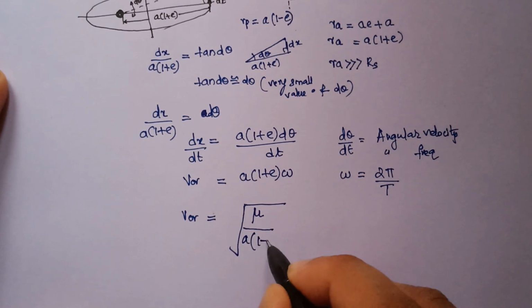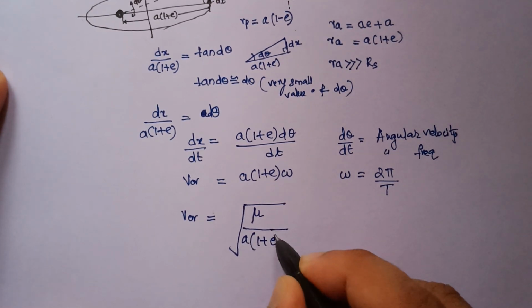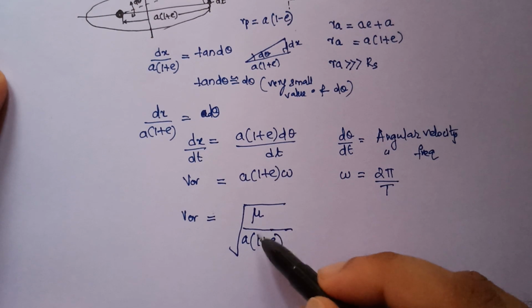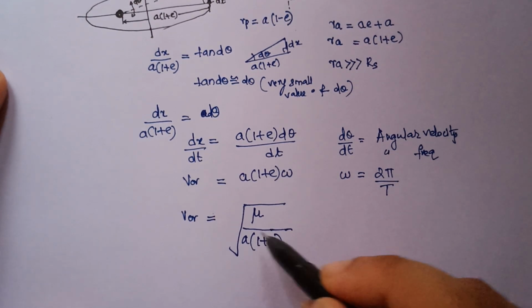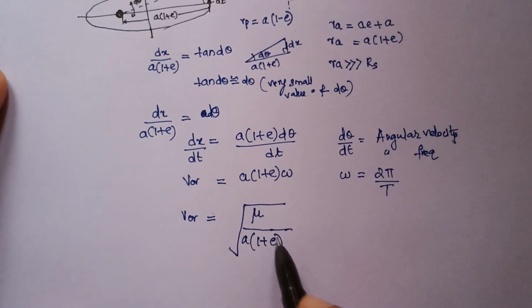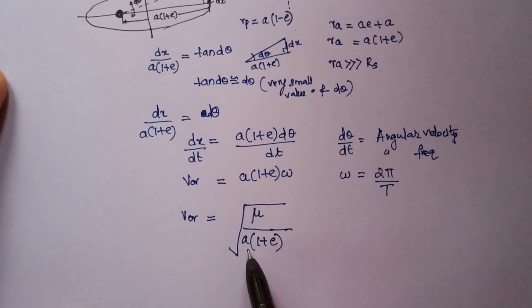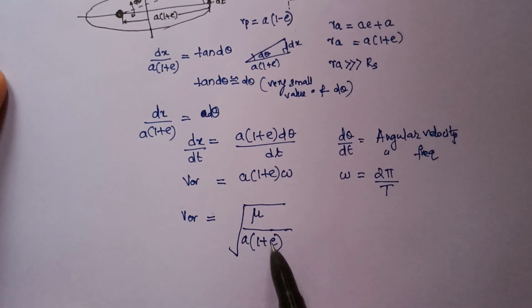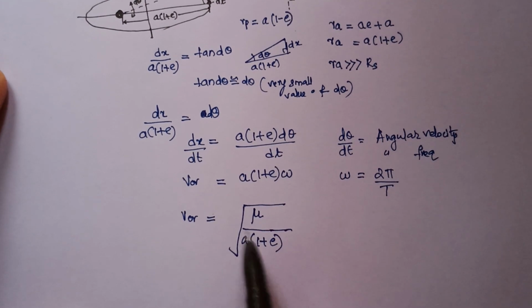Ultimately it denotes the separation distance, how much it has been separated. This happens at the apoapsis, called the aphelion. If it is at the perihelion, then the story will change: it will be a into 1 minus e. I think these concepts are pretty clear.